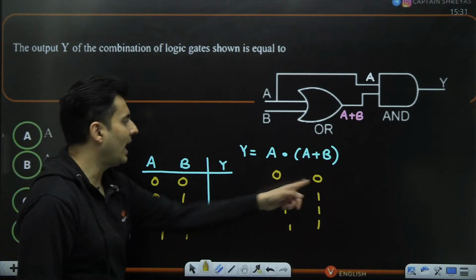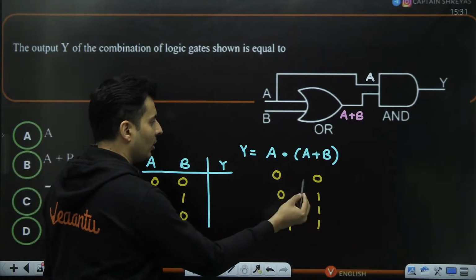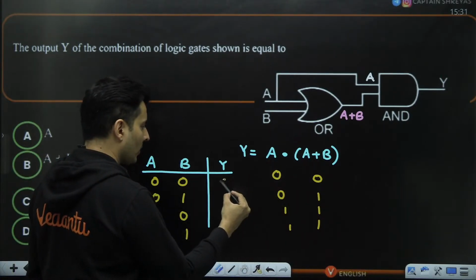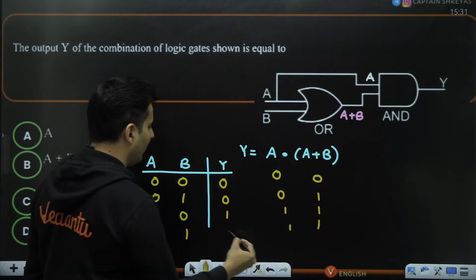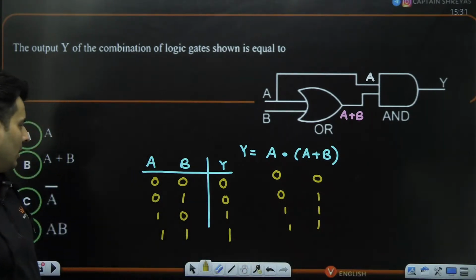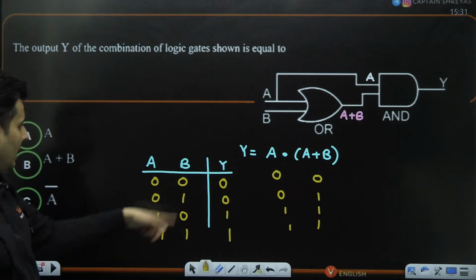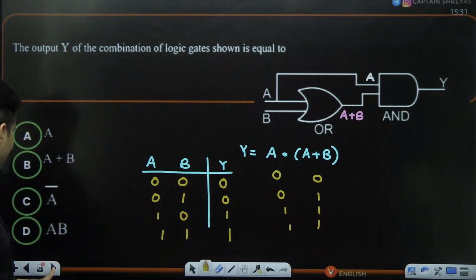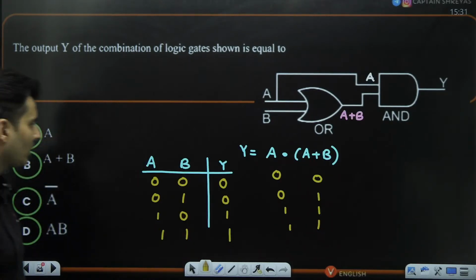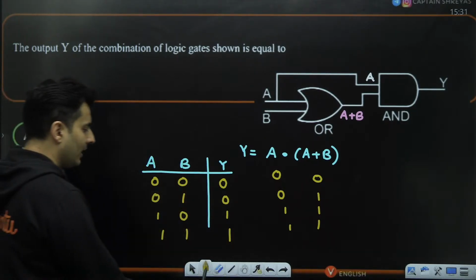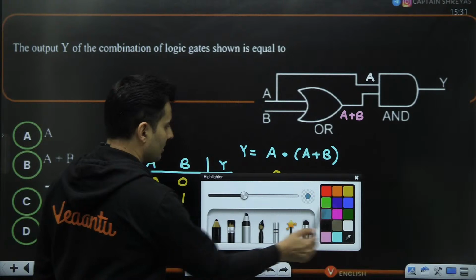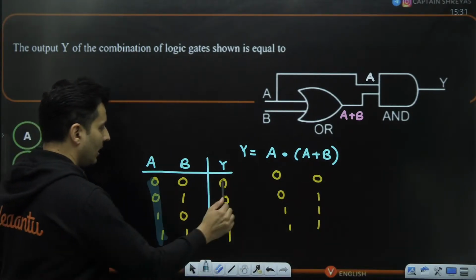So now you have to do the AND operation. 0 and 0, 0. 0 and 1, 0. 1 and 1, 1. 1 and 1, 1. So the output is exactly like the input A. So the answer is A. Yes, perfect. Can you see the output is exactly like A?